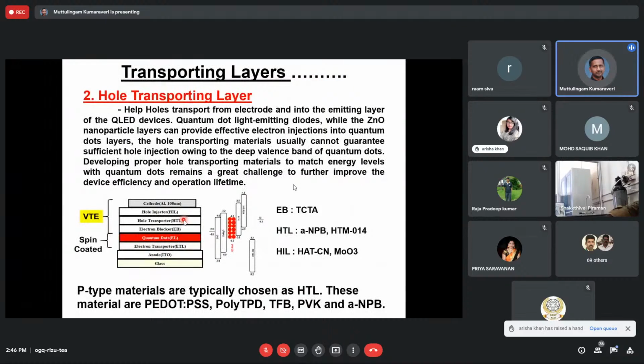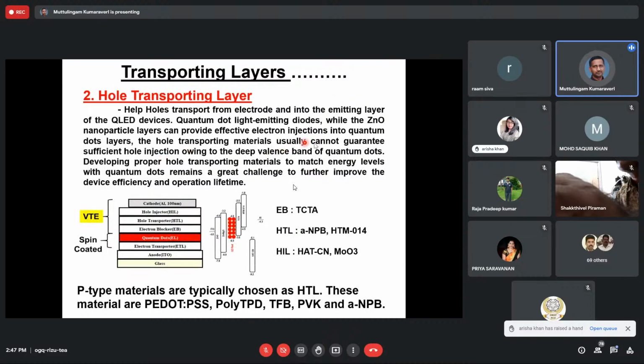The next one is the hole transporting layer. Like the electron transporting layer, the hole transporting layer transports holes from one of the electrodes to the emissive layer, for quantum dot light emission, while the zinc oxide nanoparticle layers provide effective electron injection into the quantum dot layers.